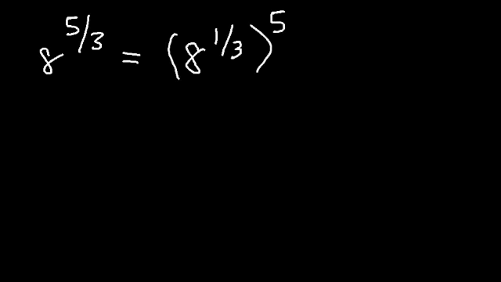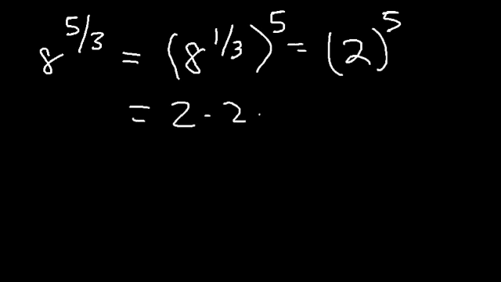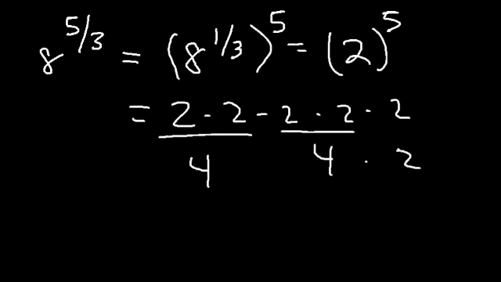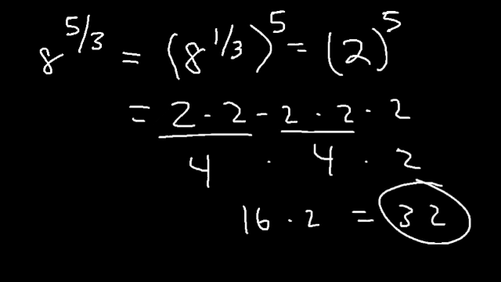So 8 raised to the 5/3 is the same as the cube root of 8 raised to the 5th power. 8 to the 1/3, or the cube root of 8, is equal to 2, because 2 times 2 times 2, 3 times is 8. And now we want to find out what 2 to the 5th power is. So 2 times 2 times 2 times 2. 2 times 2 is 4. This is 4, and this is 2. 4 and 4 is 16, so 16 times 2 is 32. So 2 to the 5th power is 32.